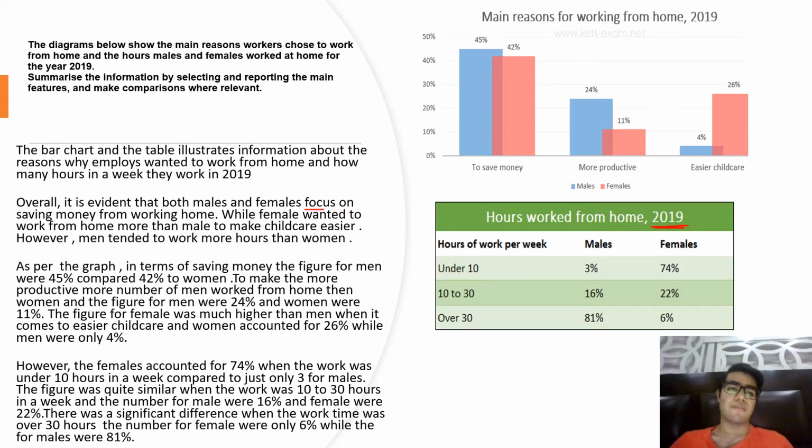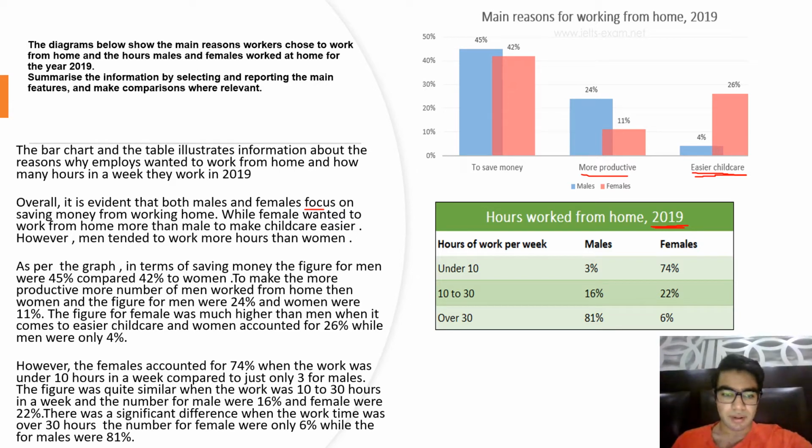And we don't say that both males and females focused on saving money, because many focused on being more productive and having an easier childcare service. So you could say most of them, or the majority of them. Don't just say both males and females. You could say something like this: overall it is evident that the majority of males and females wanted to save money, therefore they worked from home in 2019.